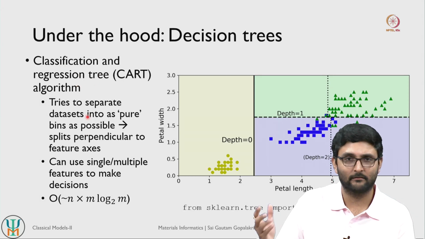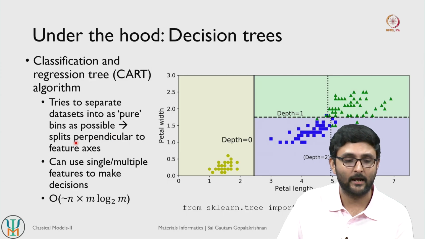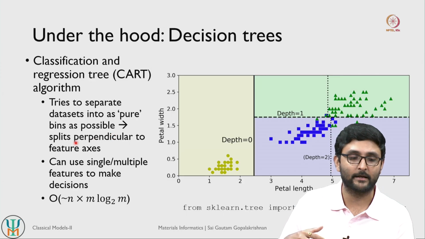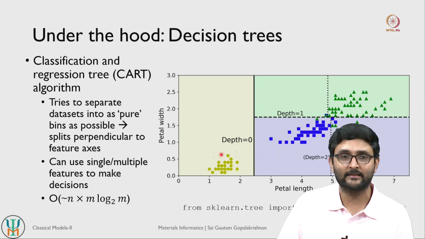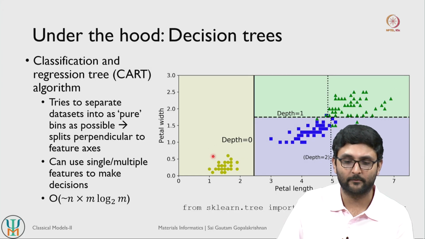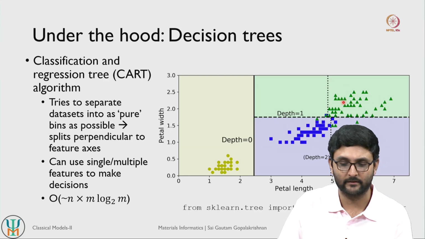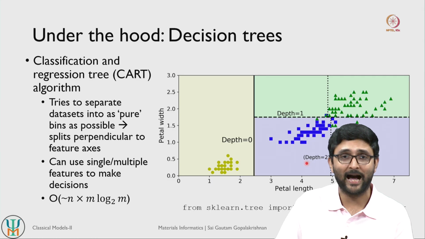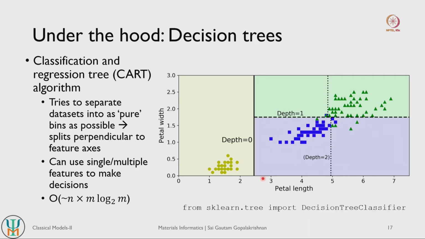So basically the way the CART algorithm works is it tries to separate data sets into as pure bins as possible by creating splits that are perpendicular to your feature axis, right. So let us say this is the distribution of data points that you have initially, right. So you have the Setosa data points here, you have the virginica data points here and you have the versicolor data points here, right.